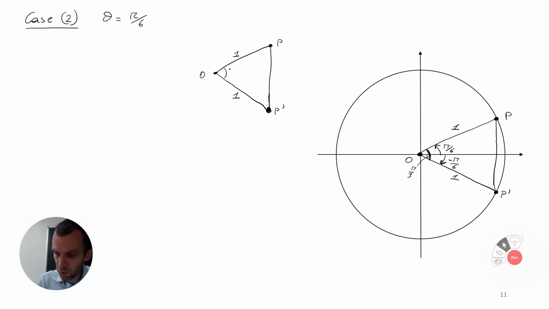So I can transfer that here, and we have pi over 3 here. And now, it takes a little bit of looking at the unit circle, and my figure, since it's hand-drawn, is not so great, but you can convince yourself that this is actually an equilateral triangle.